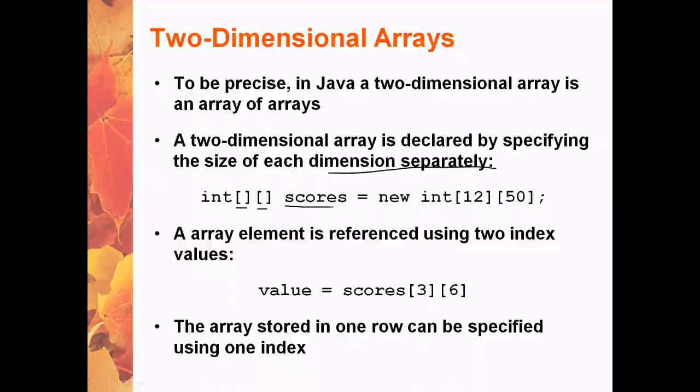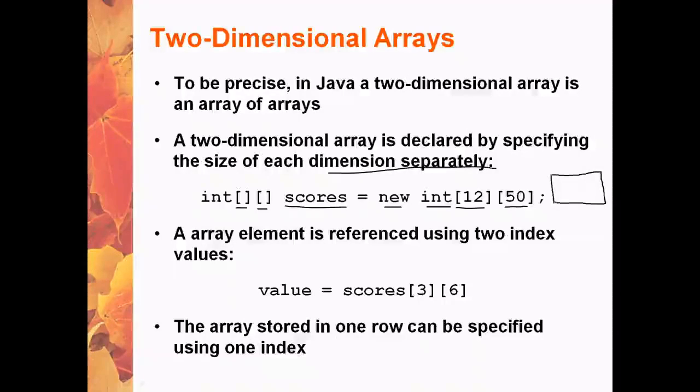Then we have the array name, that is course, then the new keyword and again the type, that is int, and we have the number of rows and number of columns. So we have created a two-dimensional array with 12 rows and 50 columns.